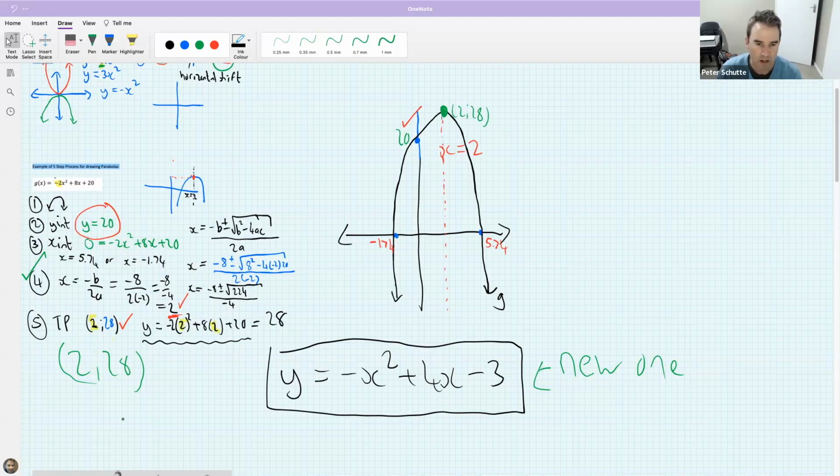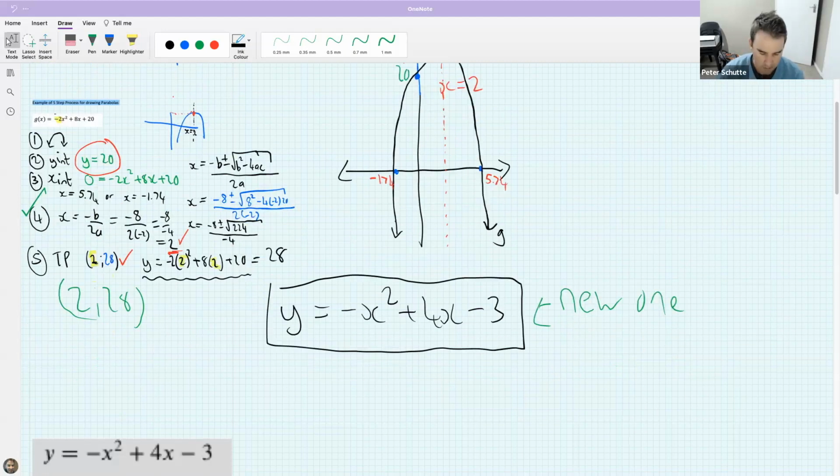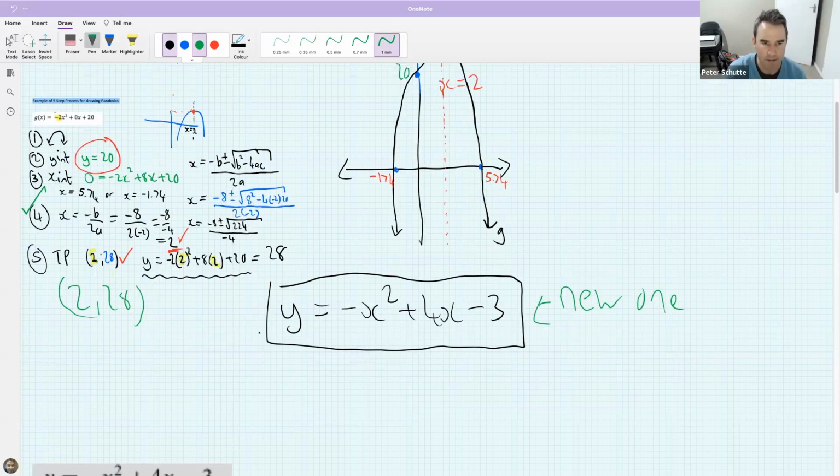So if I look at this next graph and follow my 5-step process, my first step is to ask, is it happy or unhappy? And because of this minus sign, I know it's unhappy. Step 2 is to find the y-intercept. I make x naught. And if that's naught and that's naught, this has to be -3.